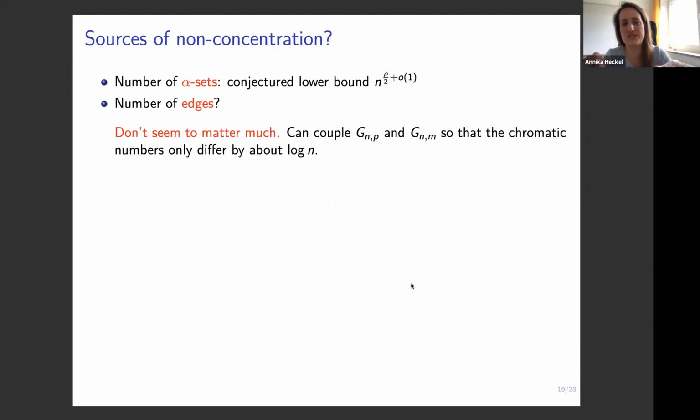You start with G(n,p) with p slightly smaller, and you sprinkle some more edges to come out at the correct number of edges. You can show that if you start with some coloring, then not too many color classes are messed up by these few edges. Thank you. Any other questions?